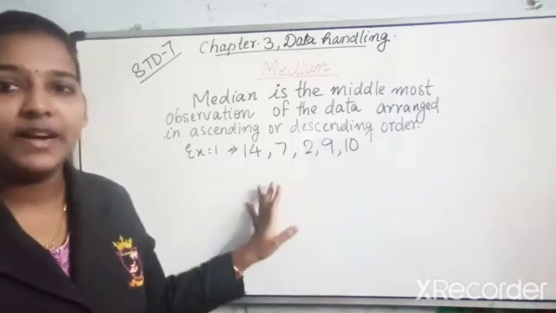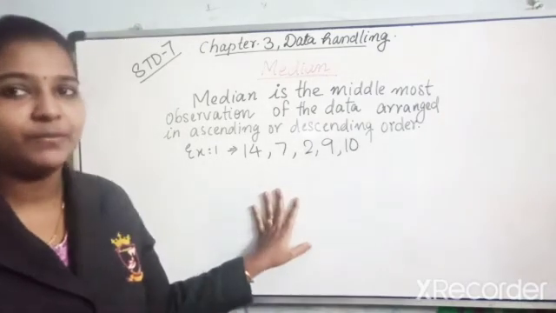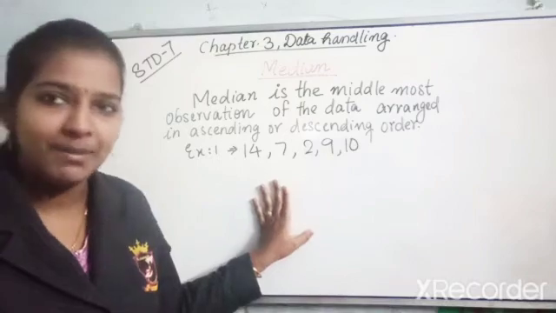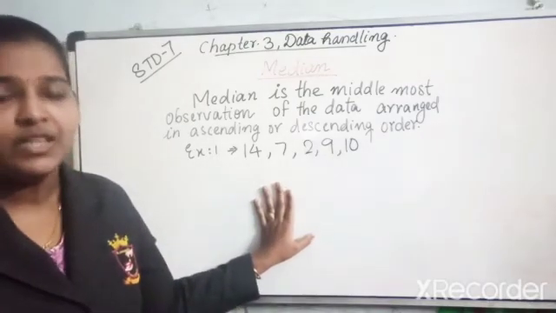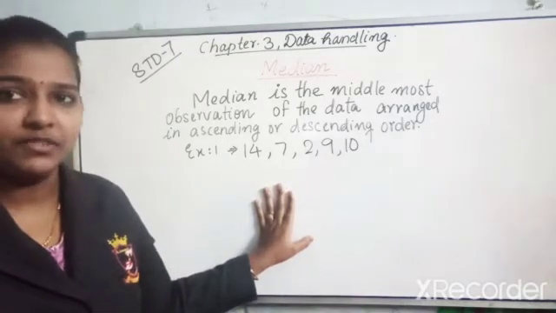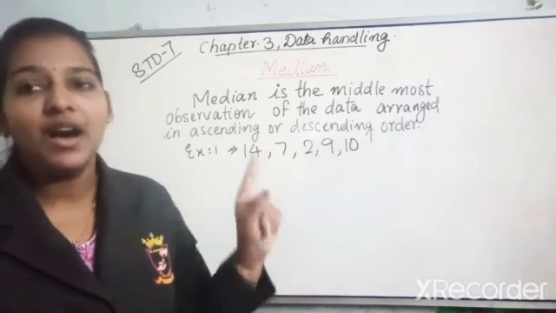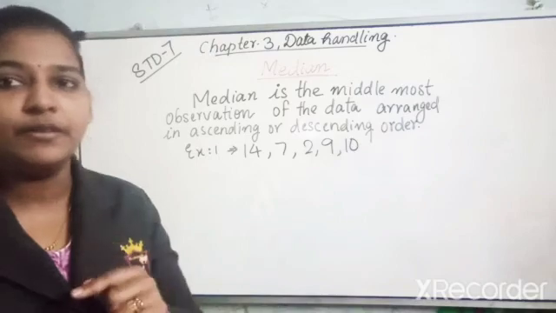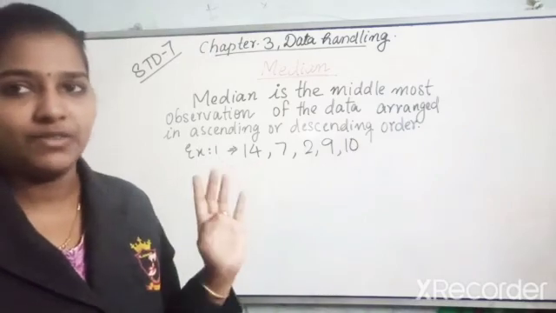So median is the middle observation, that is, the middle number. Got it? To get the middle observation, first you have to arrange it in ascending or descending order. After that only you find out the middle observation.